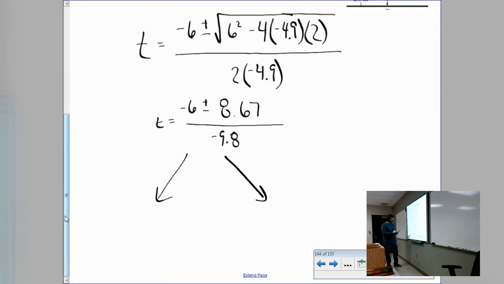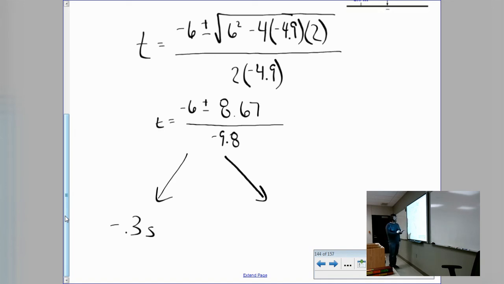So negative 6 plus 8.67, divided by negative 9.8, gives us a time of negative 0.3 seconds. Obviously, that is not going to be our right answer because it's a negative time. So let's try the other way.